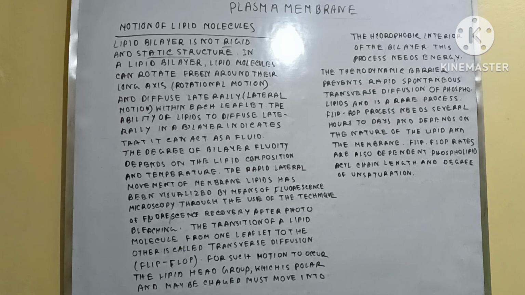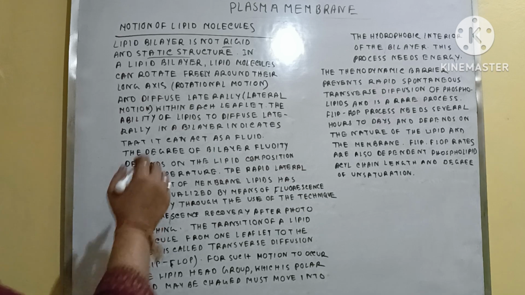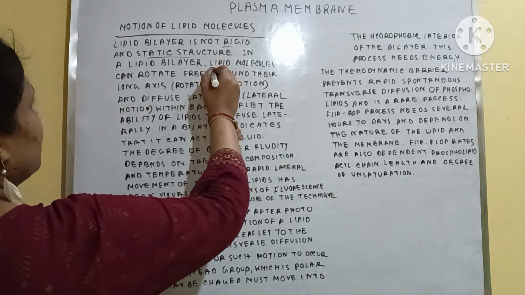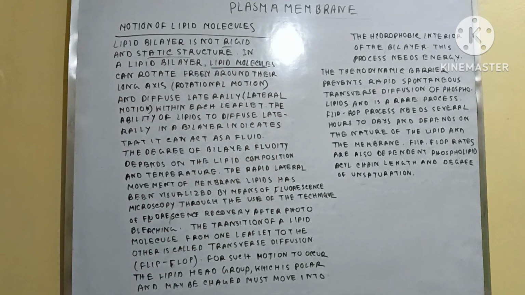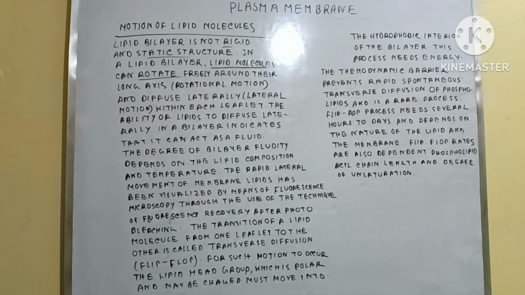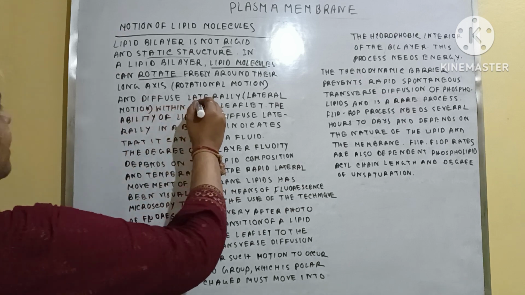In a lipid bilayer, the lipid molecules can rotate freely. Why is this elasticity seen in the plasma membrane? That is the reason for the lipid molecules' movement. Lipid molecules are not stable molecules; they can either rotate or diffuse laterally.